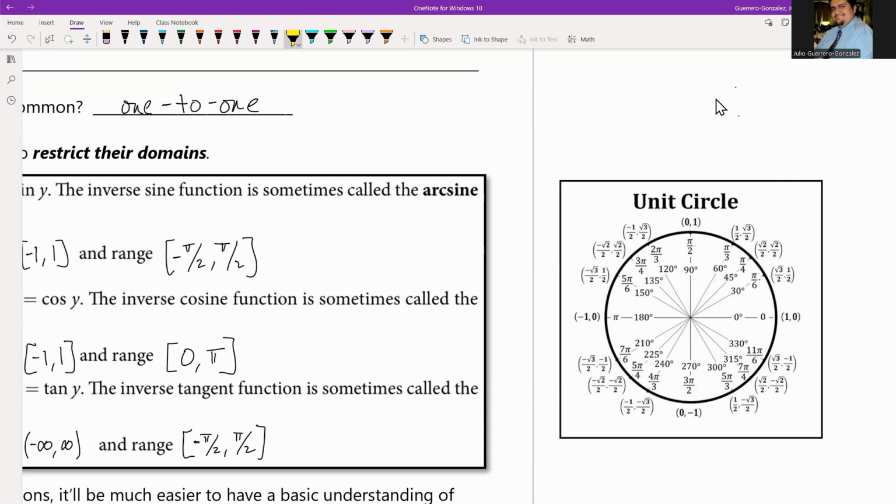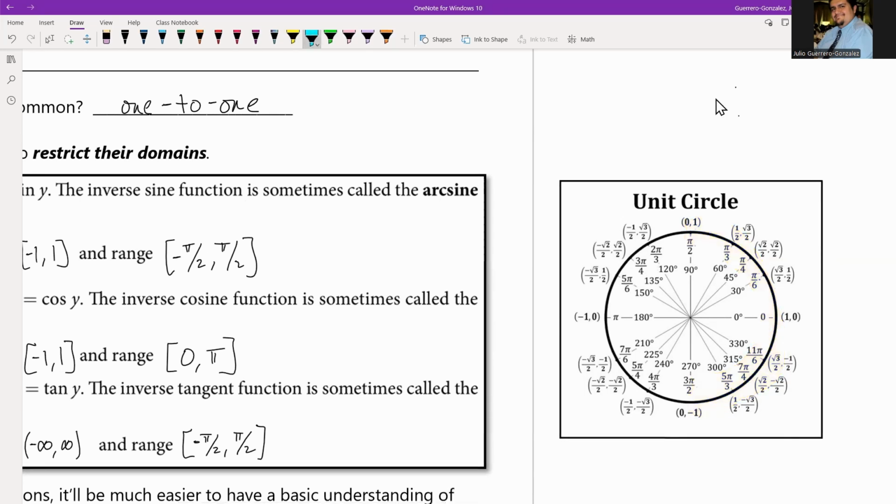That is this strip right here, from down here all the way up and around to back here, right? So now, look at this. Outside of that arc, outside of the right-hand side of our unit circle, our values for sine start to repeat. That made it 1-to-1. Can you guys see that?